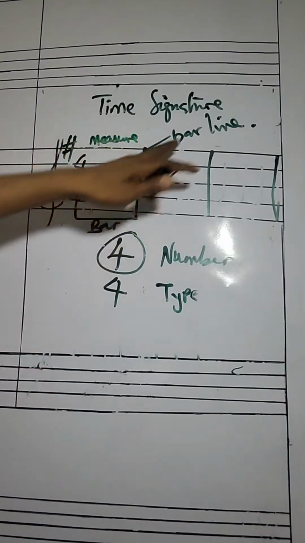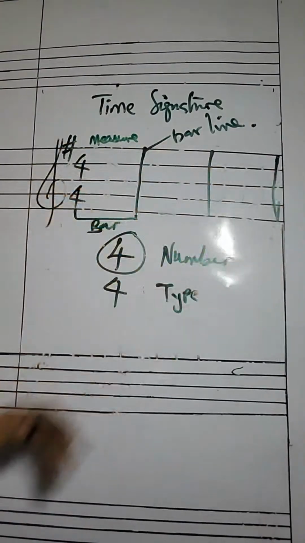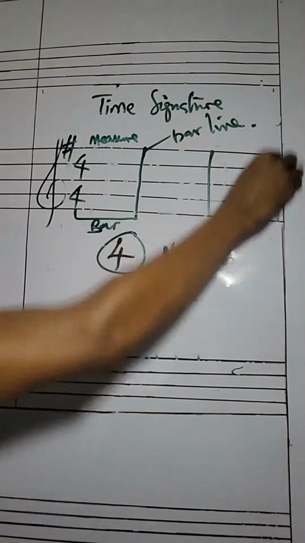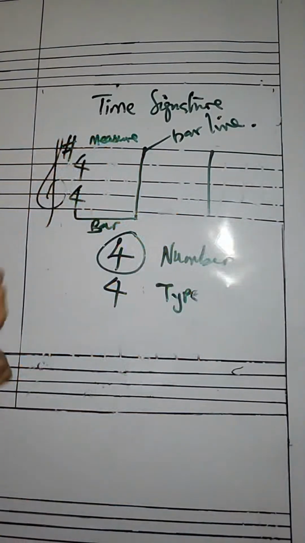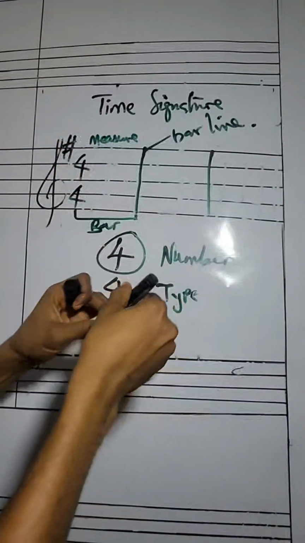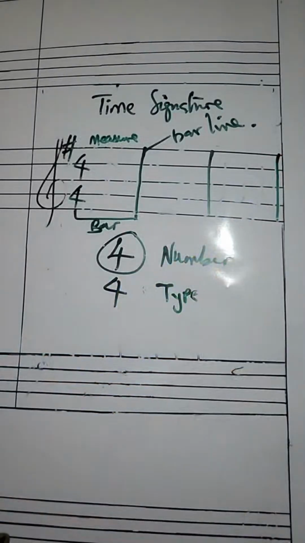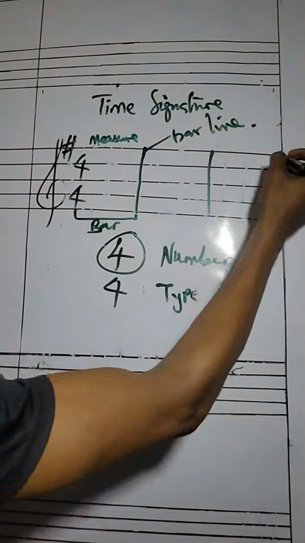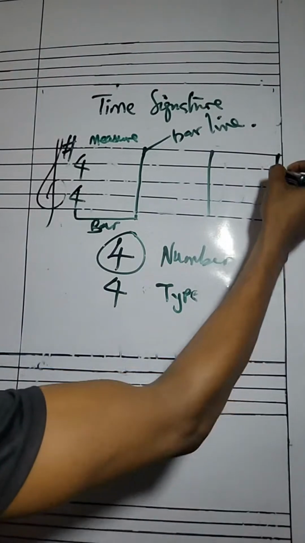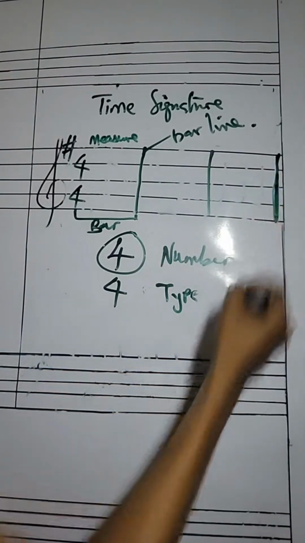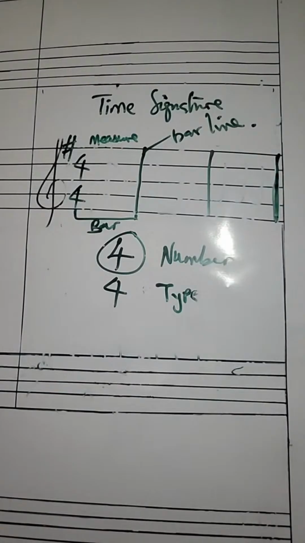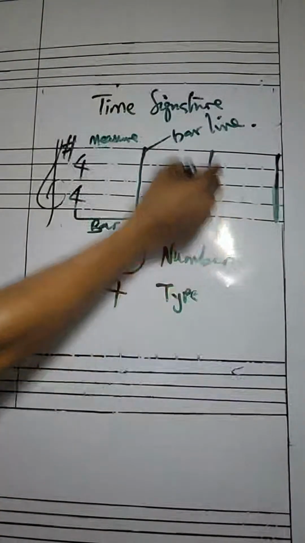Then the straight line that divides the piece of music is called your bar line. And we also have here, as you can already see, your double bar line. What does your double bar line do? Your double bar line indicates the end of a song, or a temporary stop if it's in the middle. There are some pieces of music where you can see a double bar line in the middle.